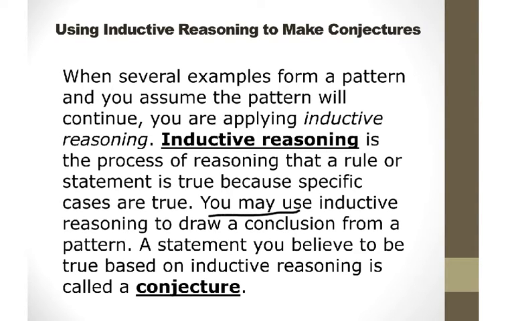You may use inductive reasoning and draw a conclusion from the pattern. A statement you believe to be true based on inductive reasoning is called a conjecture. So the inductive reasoning that we're going to be using here is identifying patterns, and then from that, we're going to make a statement, which is called a conjecture.